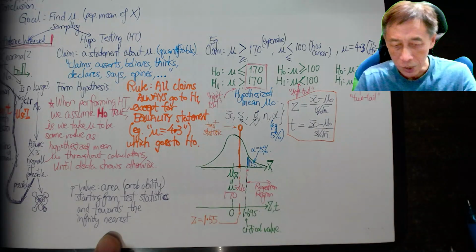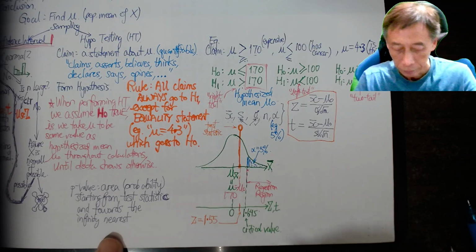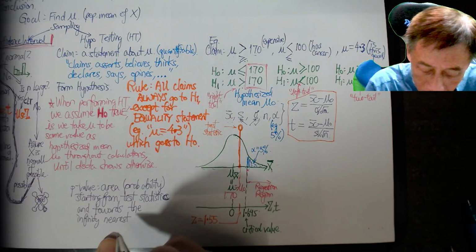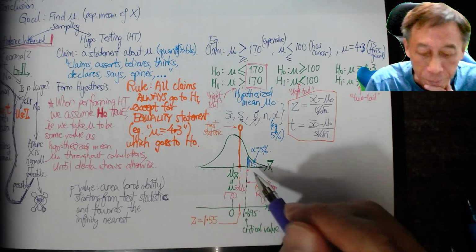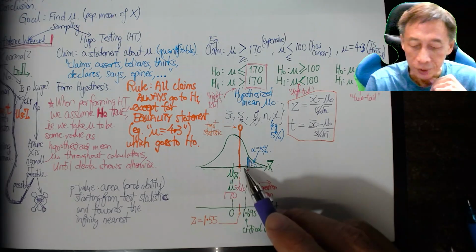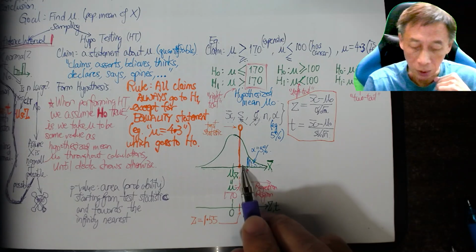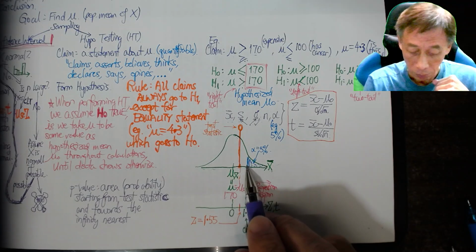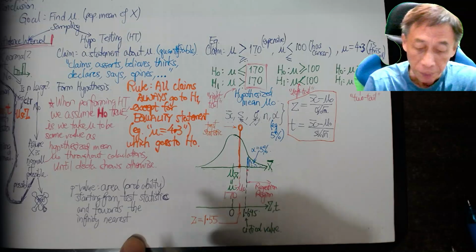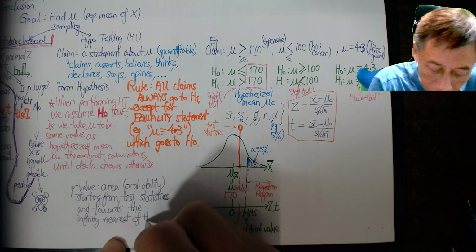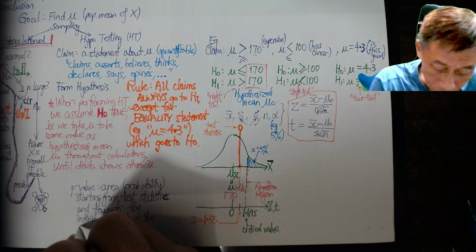Towards the infinity nearest the infinity. I'm trying to think of a more generic statement for the two-tailed case. So in this case, it goes towards the infinity of the rejection region.